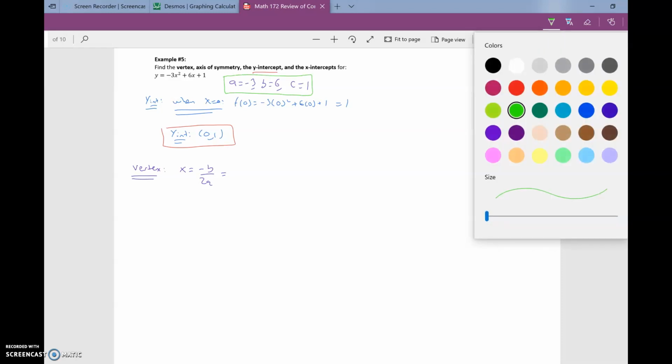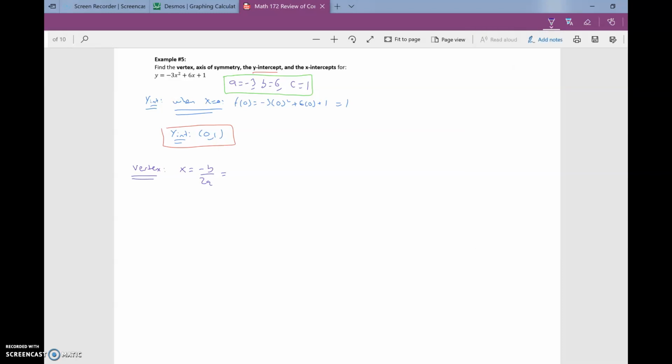So in this case, negative b is going to be negative 6 over 2 times a, which is negative 3. So negative 6 over negative 6, this is 1. So your x value of the vertex is 1.